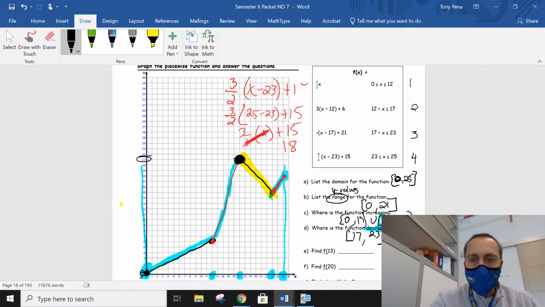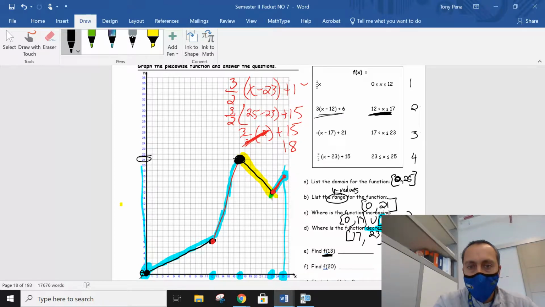So I labeled this 1, 2, 3, and then 4. We have 4 different functions that we could use. If I want to figure out f of 13, Cam, where does 13 fit? In function 1, function 2, 3, or 4? Good. 13 would fit in this window, in this domain. So we're plugging 13 in right here to that function. All right, so when you did that, what'd you get, Cam?